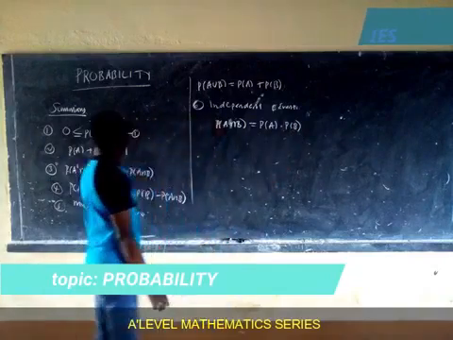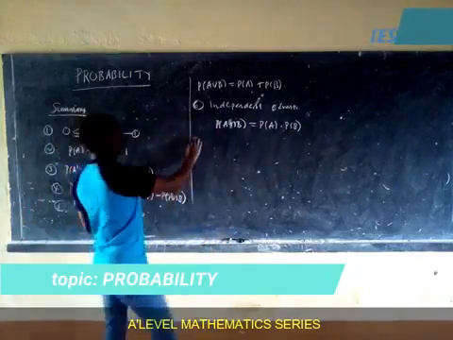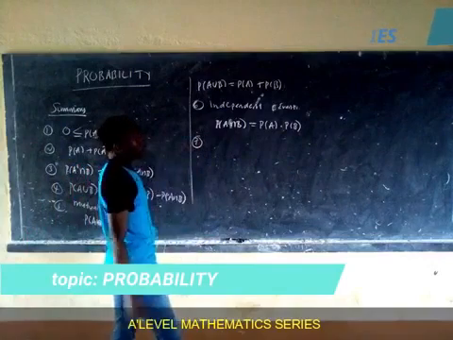And then next, number 7, we saw De Morgan's rule, the two of them.